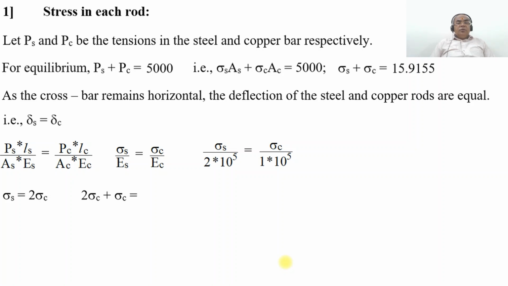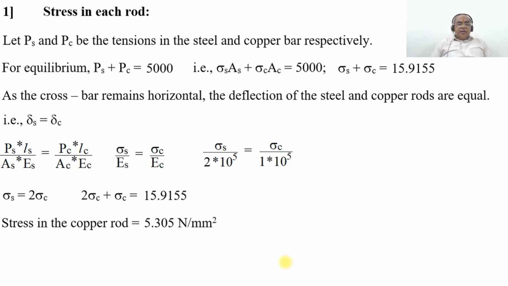So what is going to be the value? When you say sigma S is equal to 2 times sigma C, you substitute this: 2 times sigma C plus sigma C equals 15.9155.